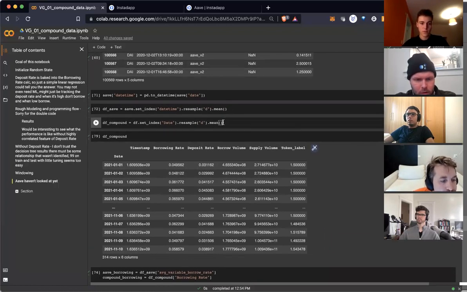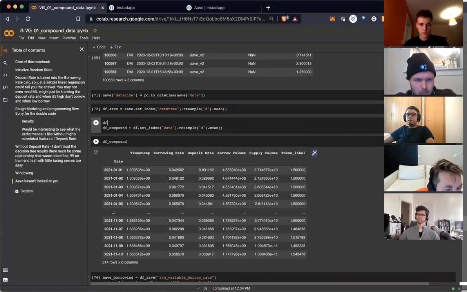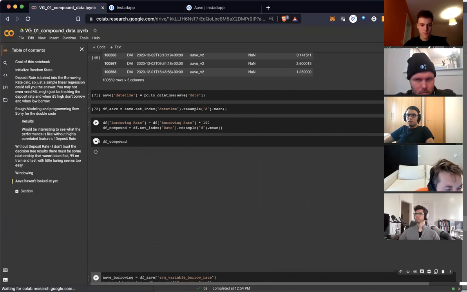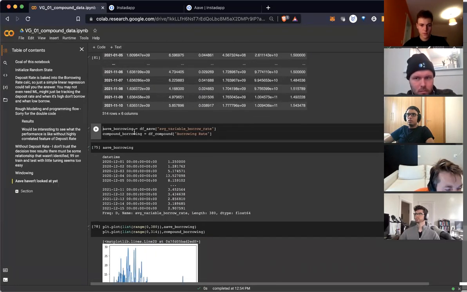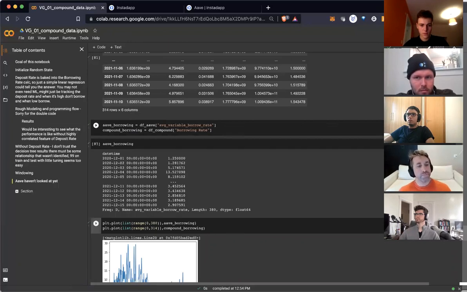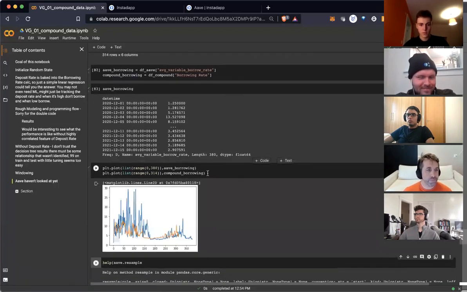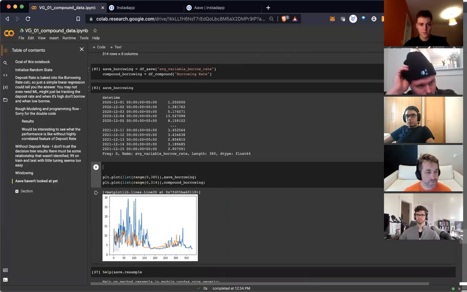I multiplied by 100 in the query for Aave. Cool. So I'll just do. Nice. I always forget the fig size stuff.